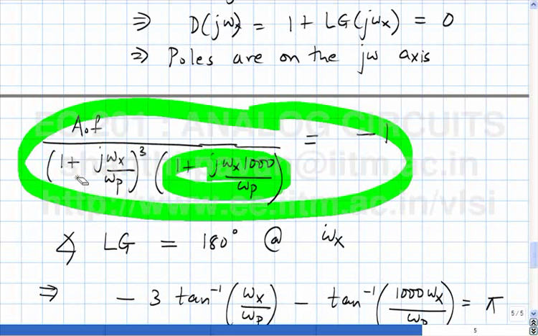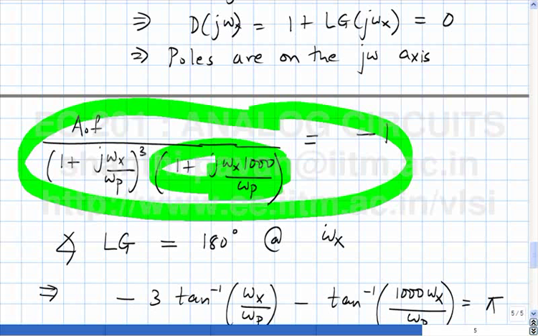Okay, that's fine. So the question is, will it be greater than omega p? Would omega x happen to be greater than omega p? Even if this omega x is equal to omega p, we see that each of these contributes 45 degrees. 3 times 45 degrees is 135, and then if this contributes 45, what will this term contribute? Almost 90.